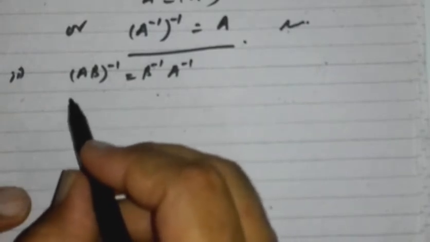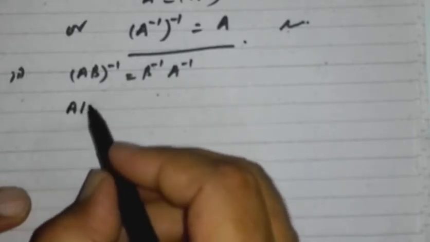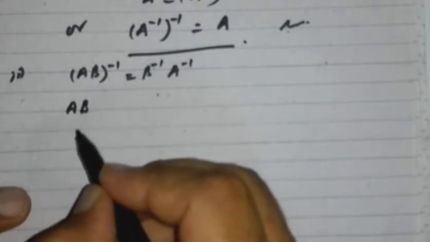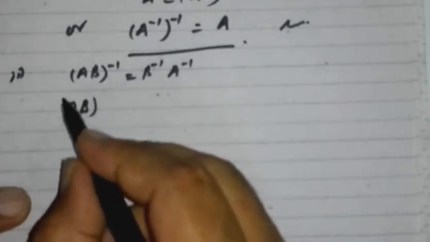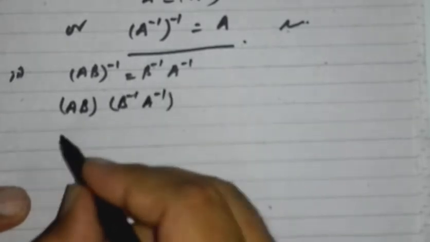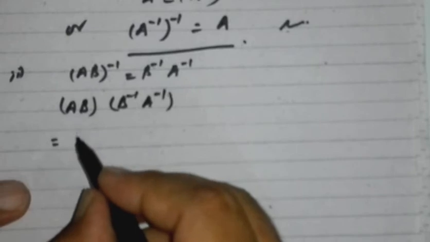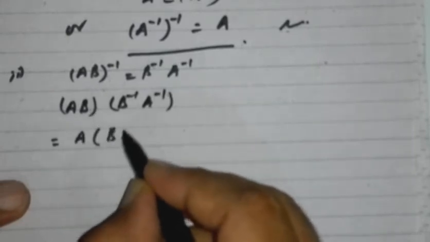Now we are going to prove (AB) whole inverse equals B inverse A inverse. For this, let us take the multiplication of AB and B inverse A inverse, which equals, by the associative law, A B into B inverse A inverse.